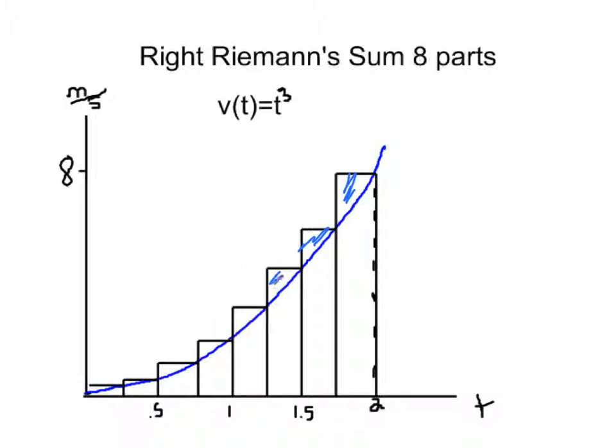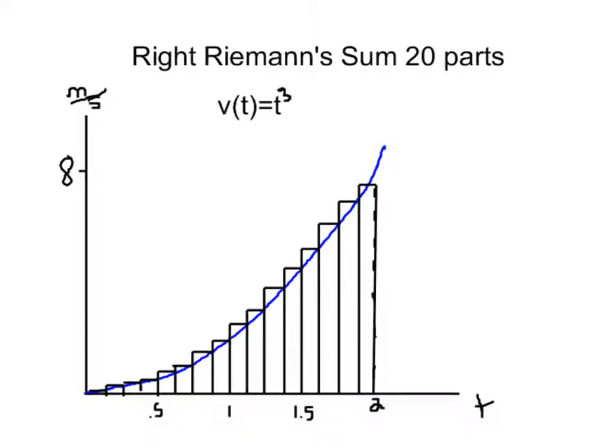The overestimation in my 8-part Riemann sum got a lot smaller. So he said that's probably the right way to go. So he said, what if we make them even smaller? So you can see that as I increase the number of rectangles in my right Riemann sum, the overestimation, the amount that those rectangles are hanging over the curve, is going to get smaller and smaller and smaller.